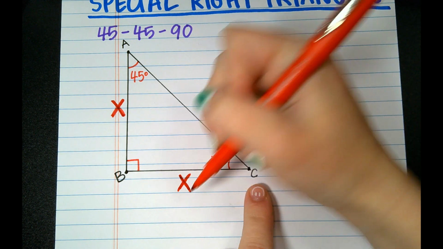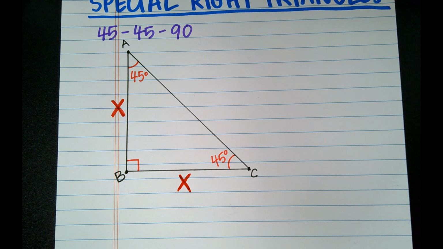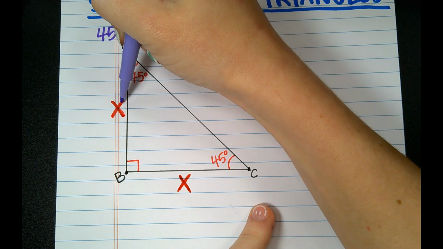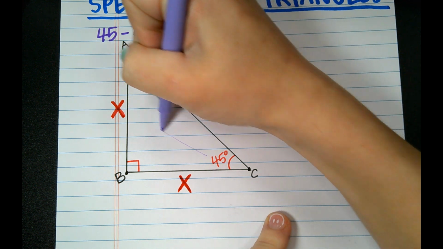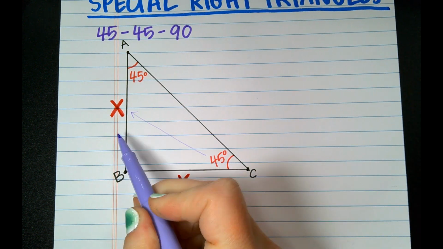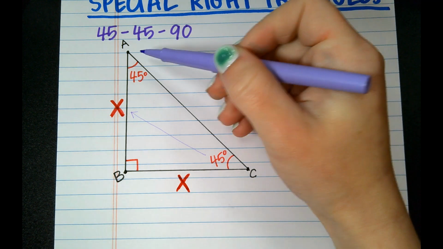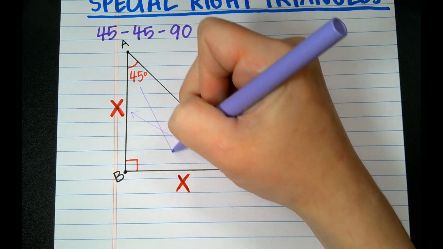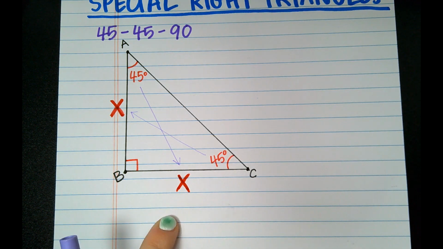And if you don't see that, let me use another color to show. Angle C is across from AB, like this. And that's 45. Angle A is across from BC. You see that relationship? That's how they're across from each other.